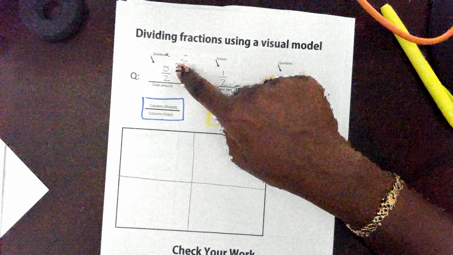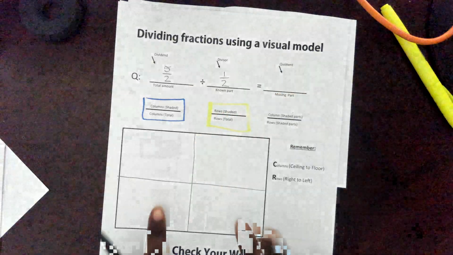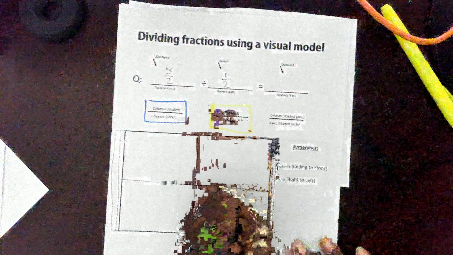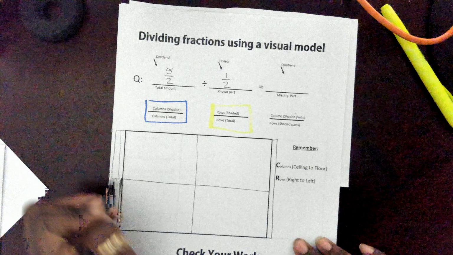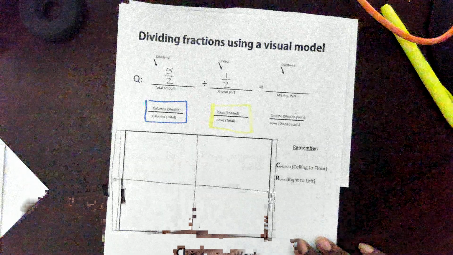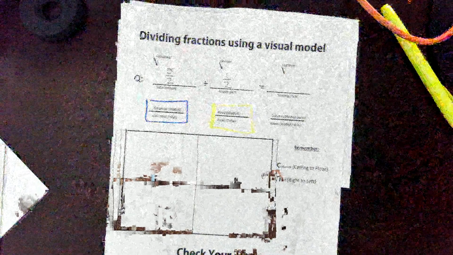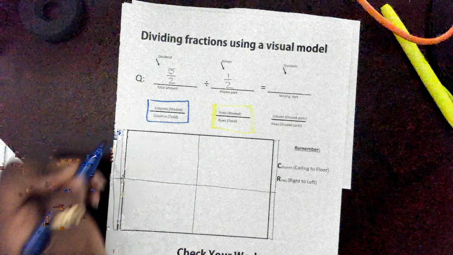And so now what we need to shade in is 5 of the columns, but we only have 2. So what that means is add on to the original model so that we have 5 columns, and just expand your rows. Okay, so we have 1, 2, 3, 4, 5 columns, and so now what we need to do is shade in each of the pieces in the columns.